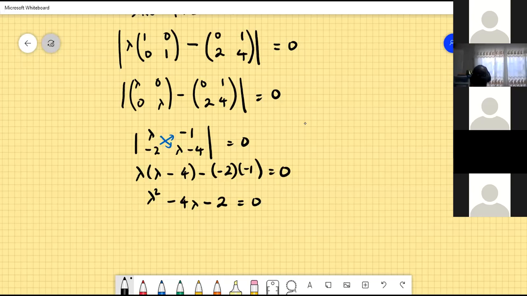So in MATLAB, x is equal to roots of 1, -4, -2. Tell me what are the roots of this?